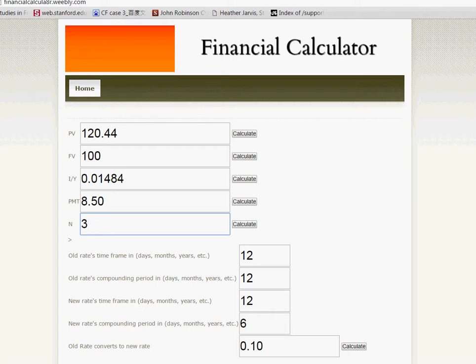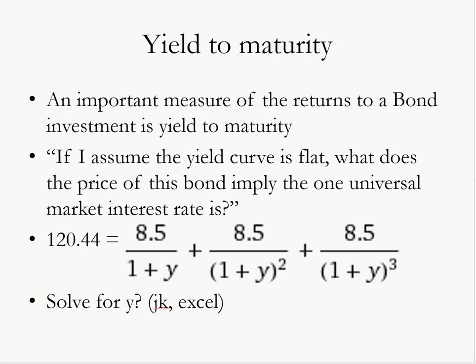And it helps you get an overall cost of debt capital for the company. So that is yield, and it's an important return concept in bonds.